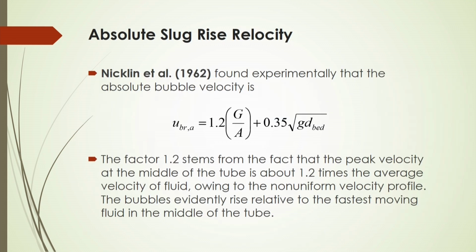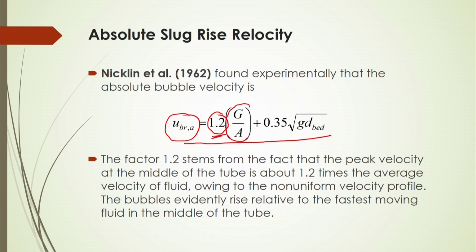Now, the Nicklin model is also an important one. They studied and developed another important correlation from their experimental observation, and found experimentally that the absolute bubble velocity should be equal to 1.2 into G by A plus 0.35 into root over g d bed. Here the constant is 1.2, whereas in the previous equation, the constant was 1 instead of 1.2.